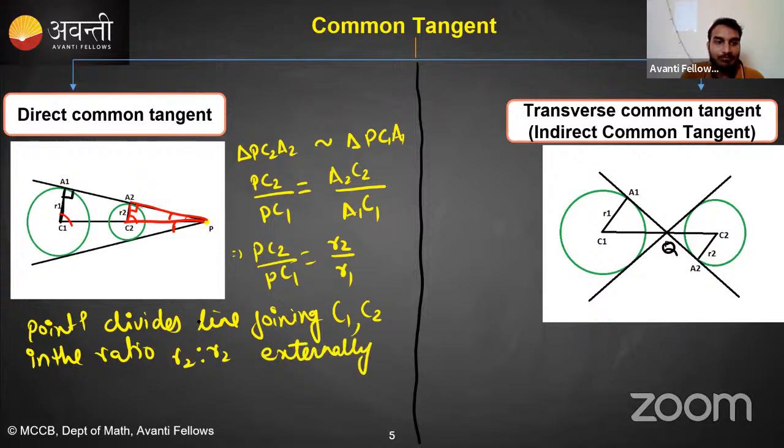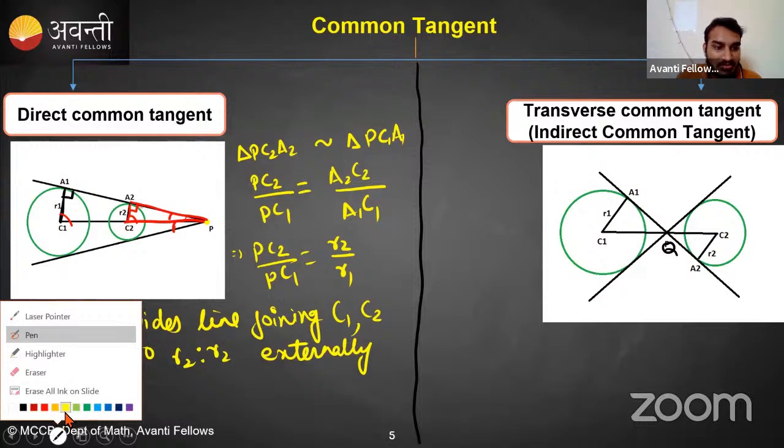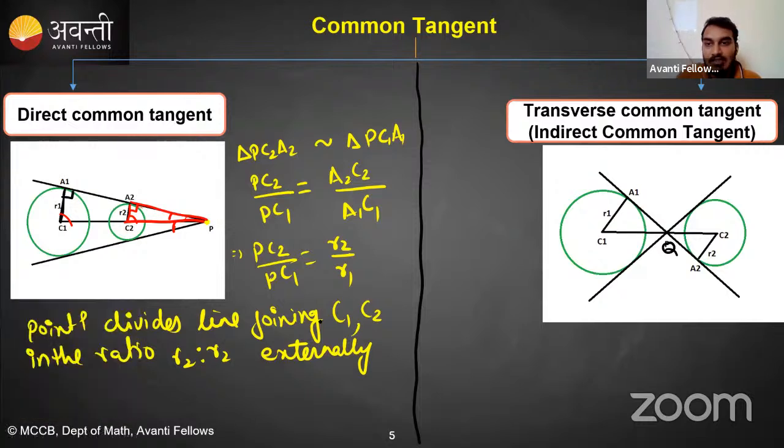Is this clear? Because PC2 upon PC1 is equal to R2 upon R1. So the point P is at such a position where it divides the line joining C1 C2 in the ratio R1 is to R2. Clear?